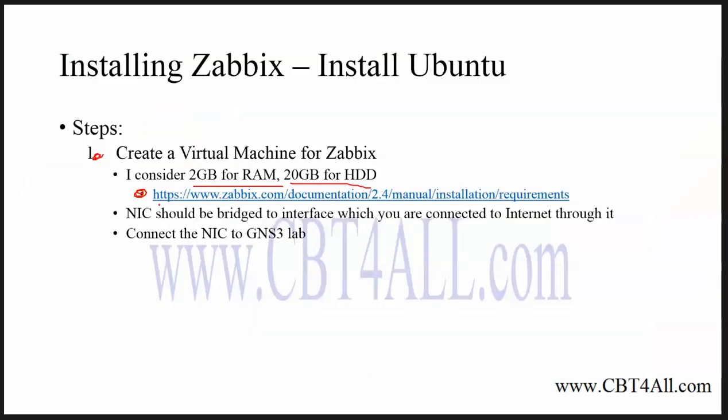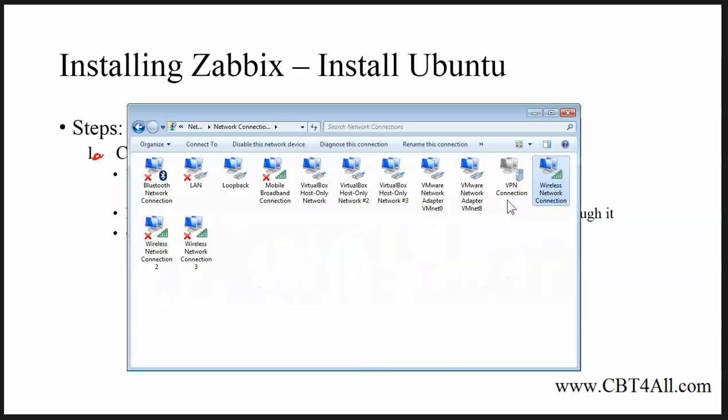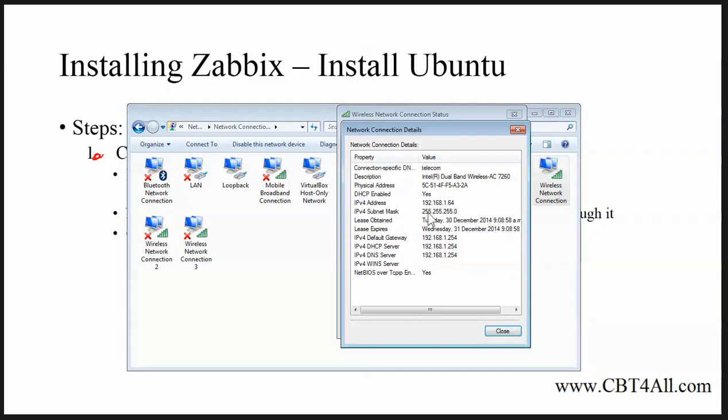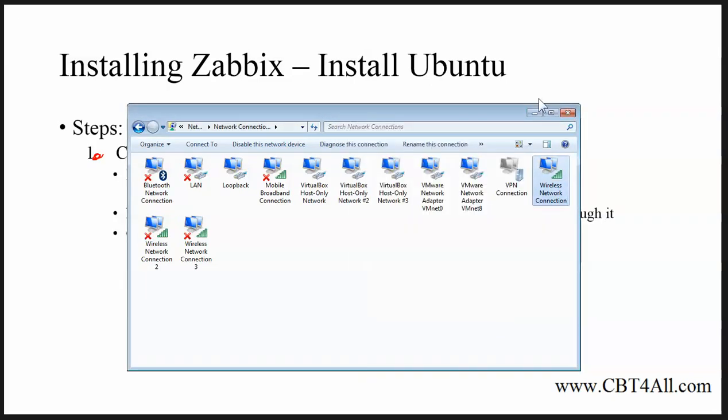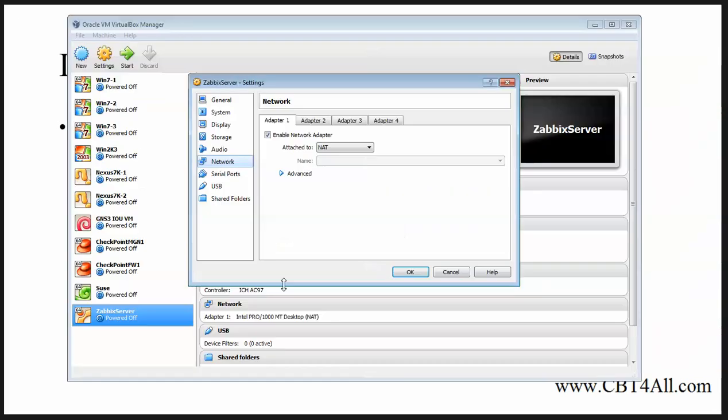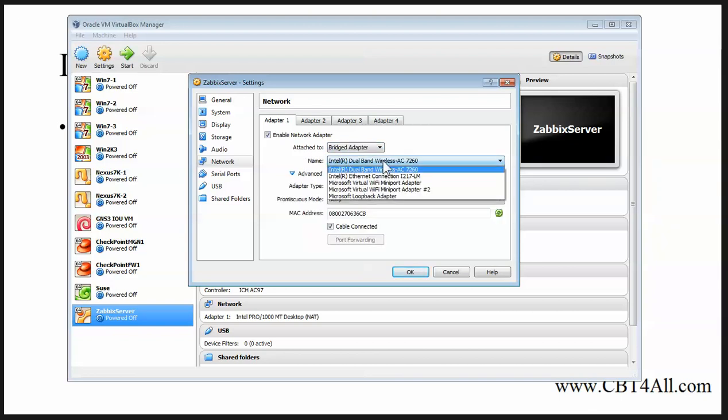This network should be bridged to the interface you are connected through to the internet. What does it mean? At the moment I'm connected to the internet via wireless. This is the interface card which connects me to the internet. So I should bridge this network to my wireless.